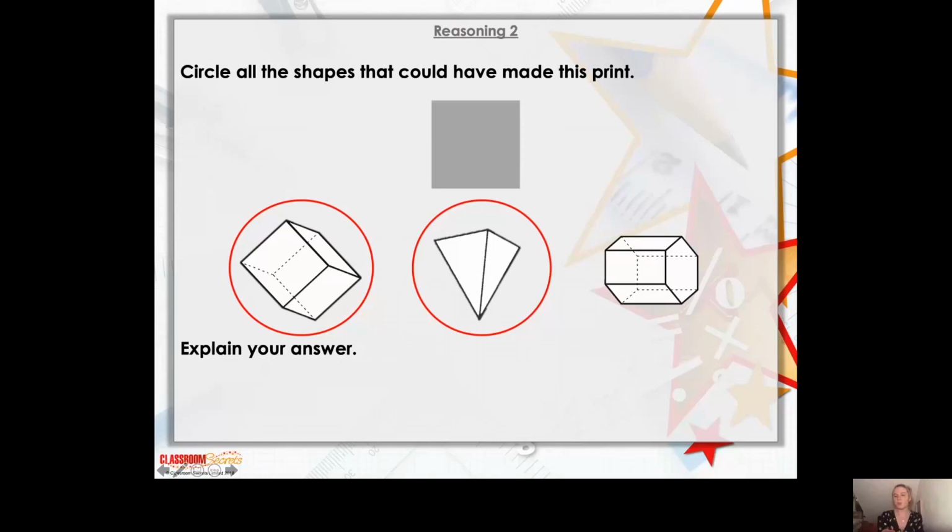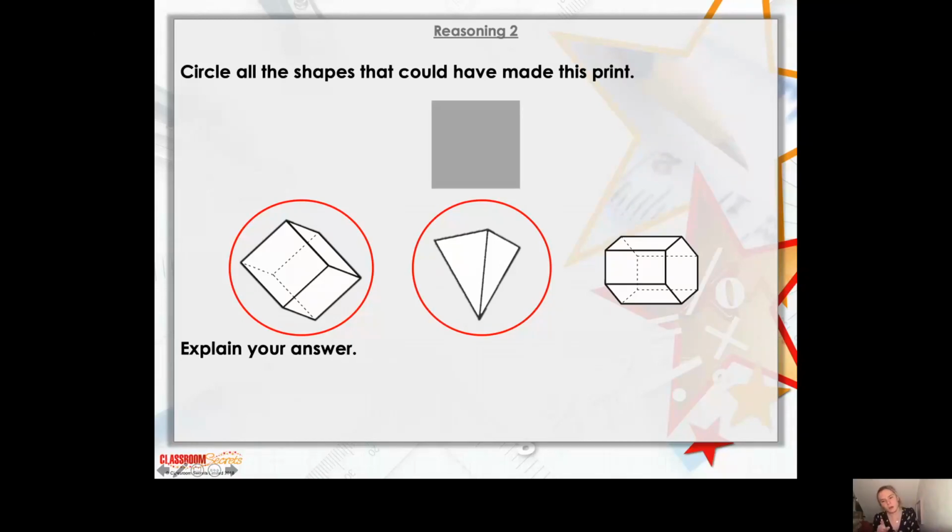Now, what about the 3D shape, the hexagonal prism? Wow, we can see on the side that it has got a flat face, which is in the shape of a rectangle. Now, is our print in the shape of a rectangle? No, it's not, is it? It's in the shape of a square. But what about its other sides?